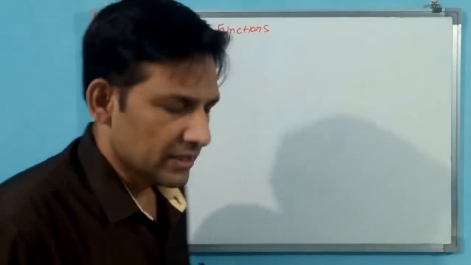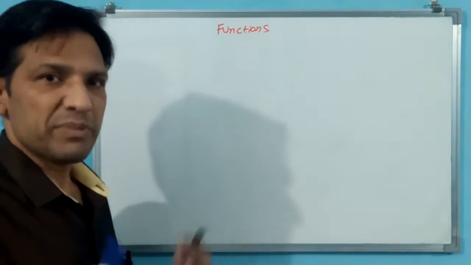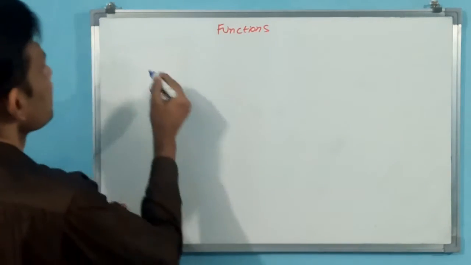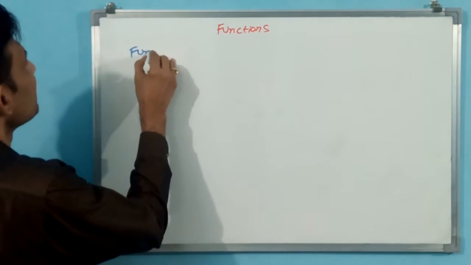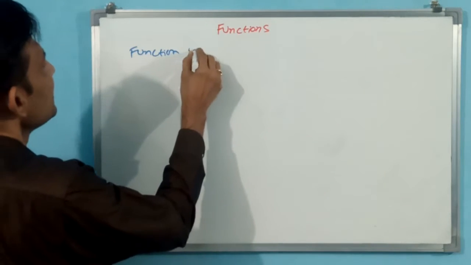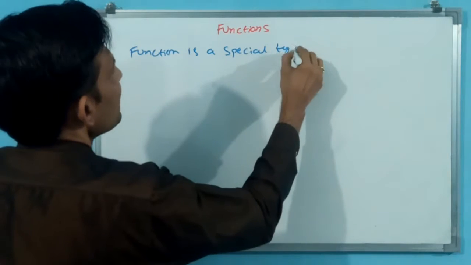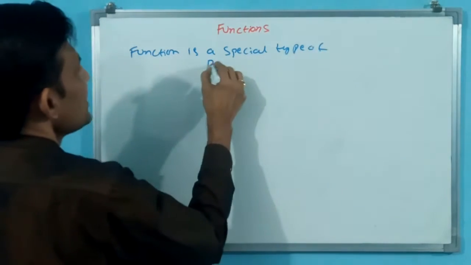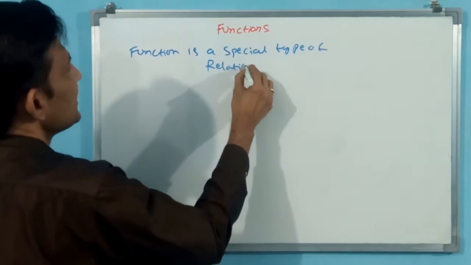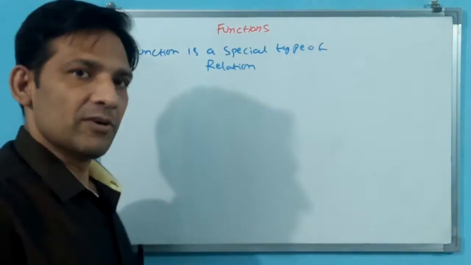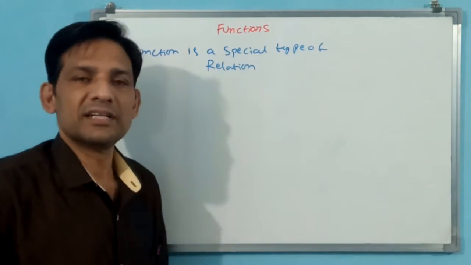What is a function? Function is a special type of relation. See, when I say relation, automatically function is a relation. That's all.